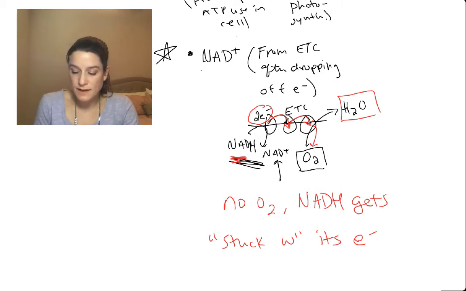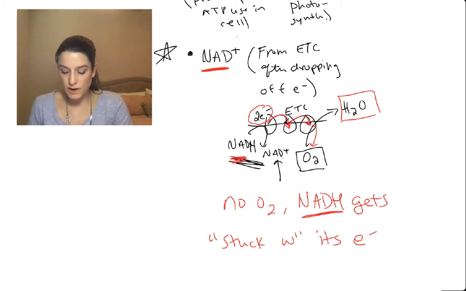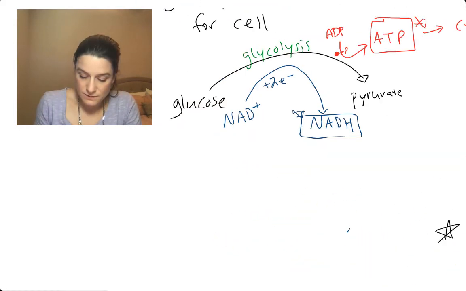So if glycolysis is dependent on NAD+, and NADH gets stuck with its electrons, as in it's not making NAD+, then you have a problem with glycolysis. And so that's what fermentation does. It alleviates that problem. Fermentation is going to take NADH and bring it back into NAD+.